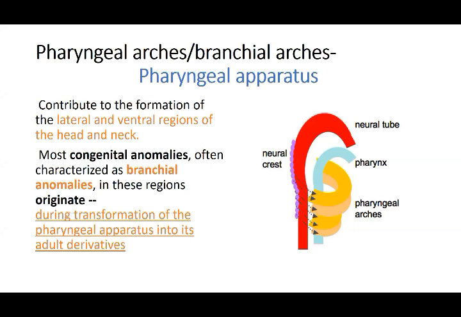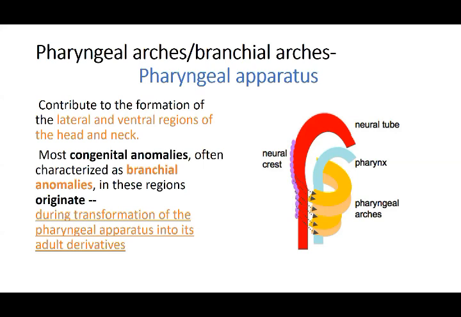The neural tube was the ectoderm, then this is the endoderm, and in between you're going to have the mesoderm. And then at the margins, we had the neural crest cells. Now, I have told you that the mesenchyme of the head and neck is contributed by the neural crest cells, which are basically ectodermal in origin, but most of the mesenchyme of the head and neck is contributed by the neural crest cells.